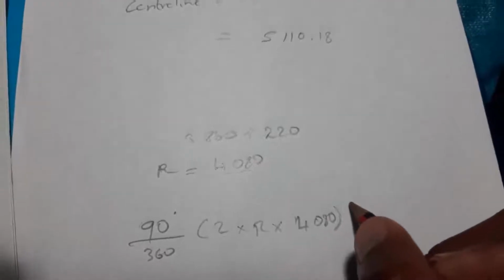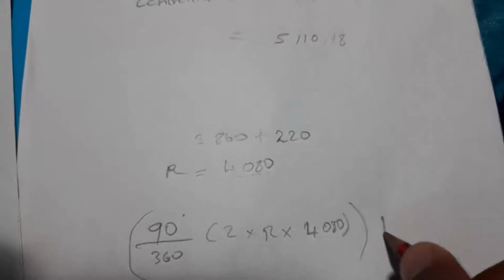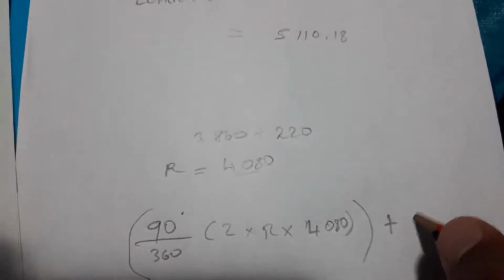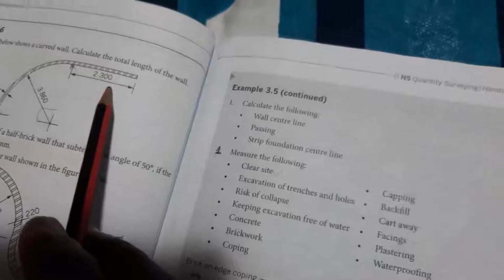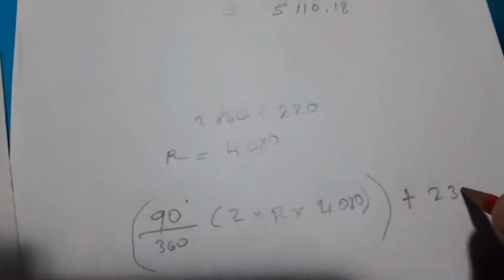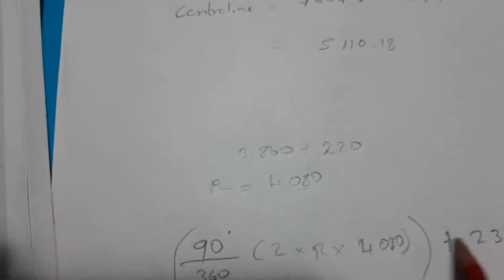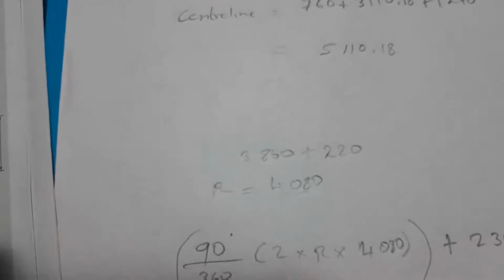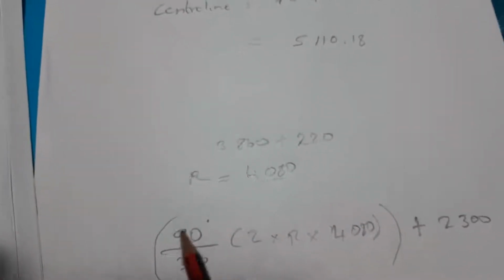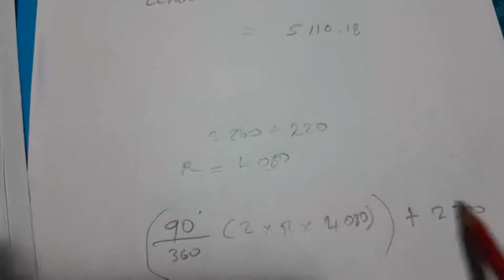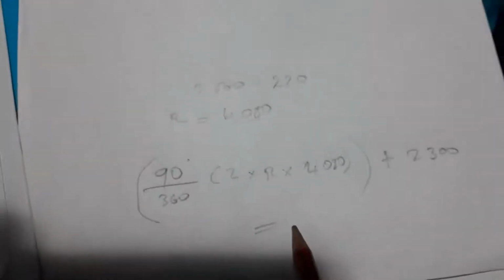Then the answer you'll get here, you'll have to add it with the known length, which is 2300. So when you add the length of your curve plus the known length, they will give you the center line.